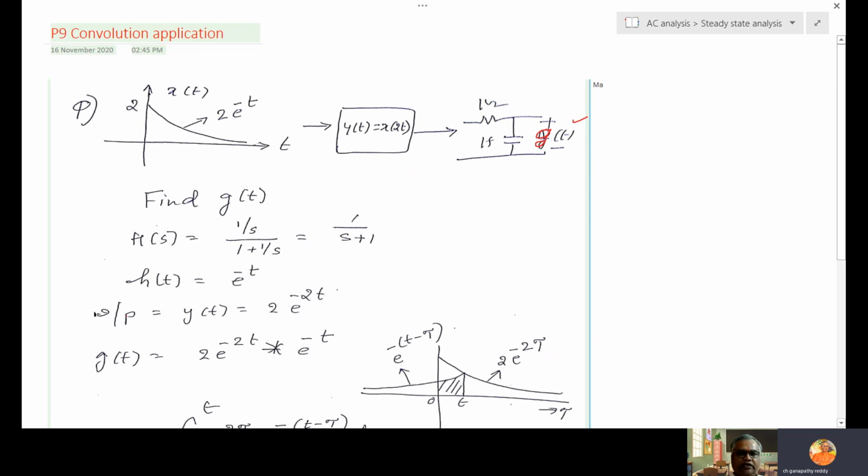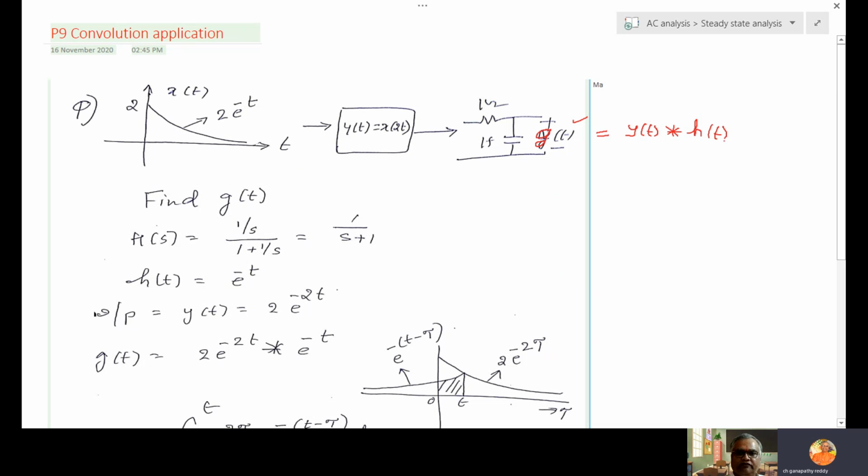For any LTI system, how to find g of t? The output g of t is always nothing but the input y of t convolved with h of t. H of t is the impulse response, y of t is the input.